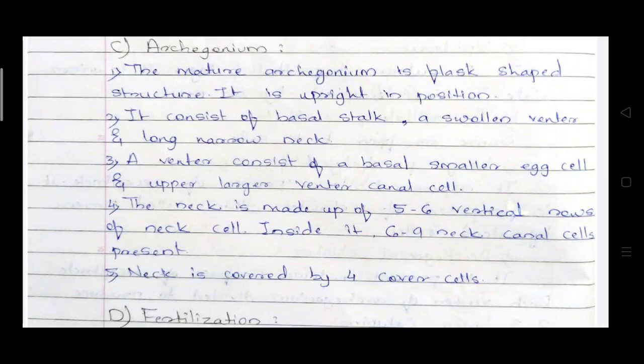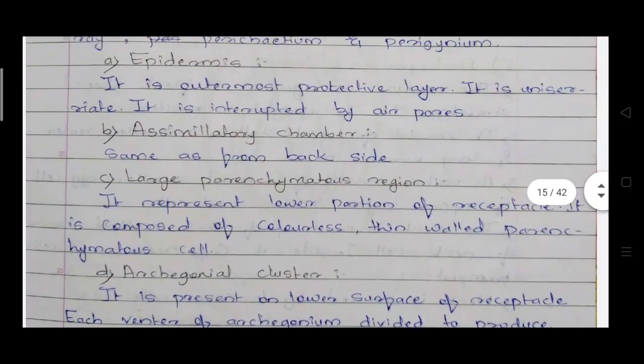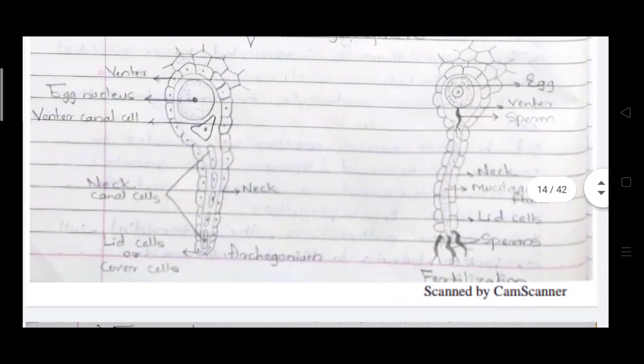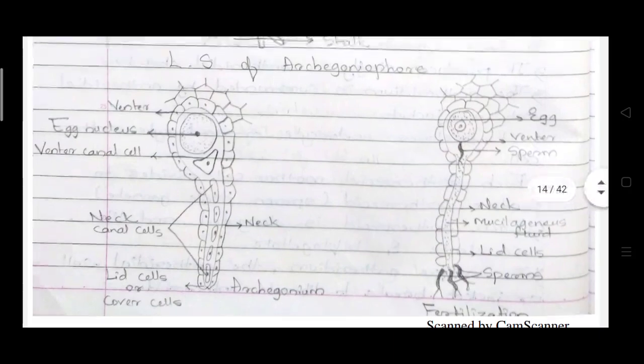The venter consists of a basal smaller egg cell and an upper larger venter canal cell. The neck is made up of 5 to 6 vertical rows of neck cells, and inside it 6 to 9 neck canal cells are present. The neck is covered by 4 cover cells. I think you will see in the figure first. So look at this figure. This is the structure of the archegonium.